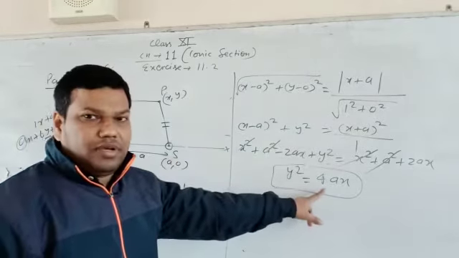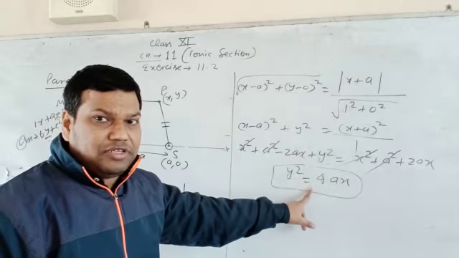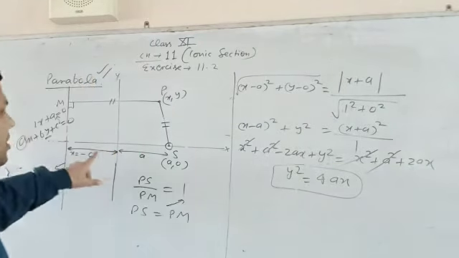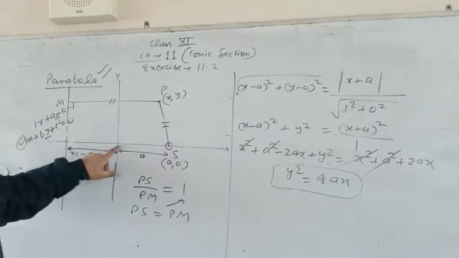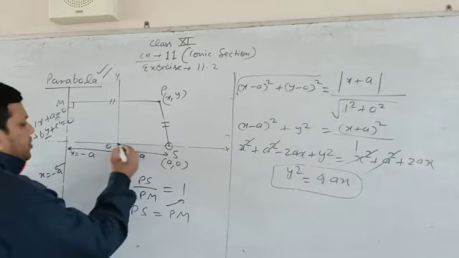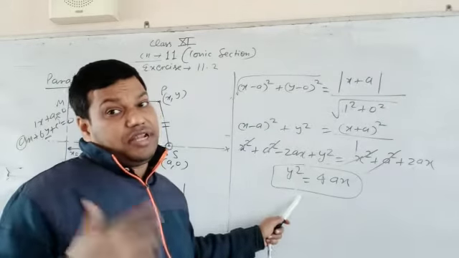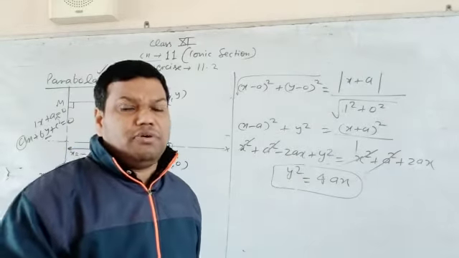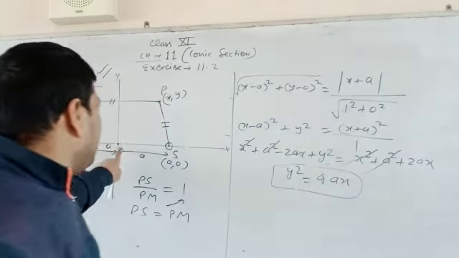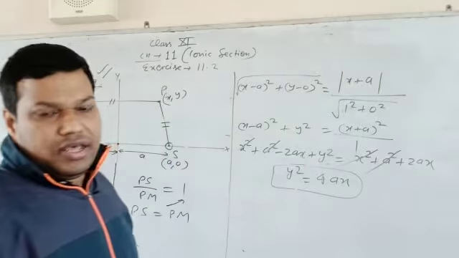So you should know that this is the standard equation, because we have taken the vertex here at O, the origin. That's why we are saying that this is the standard. The vertex can be anywhere, but in your book it is always on the origin, right?